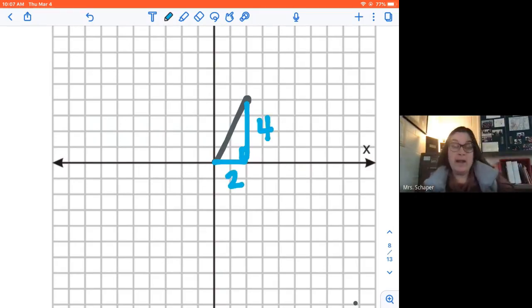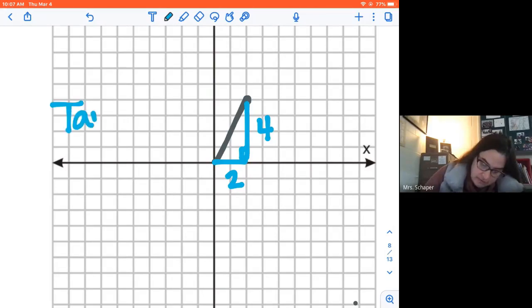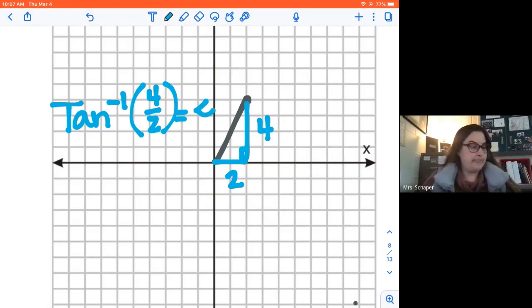I know that it's a right angle. So I can use opposite over adjacent, tangent. So I can say that the inverse tangent of opposite over adjacent is equal to that angle measurement.